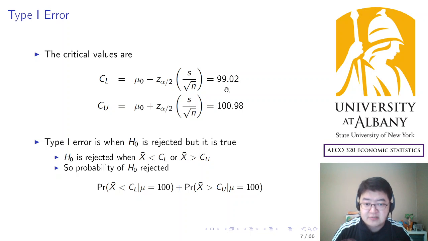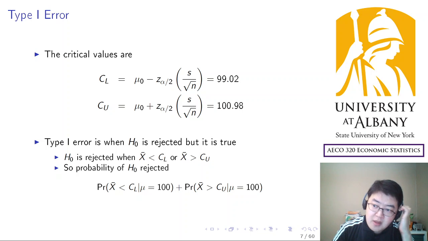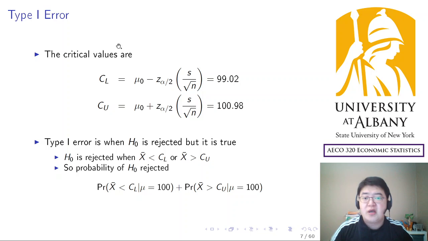It was a simple exercise, but let's think about this now. The reason why we are calculating the critical values is to understand type 1 error. So our objective is to calculate the probability of type 1 error. Remember, it's defined as the rejection of H0 when it is true. So basically, the probability of type 1 error is the probability of rejection.